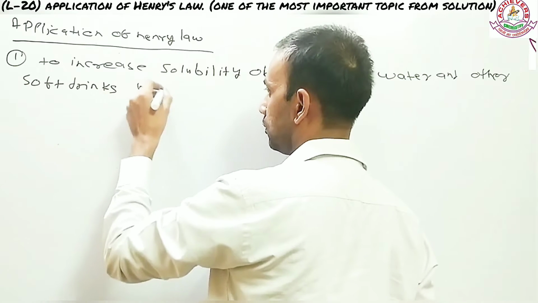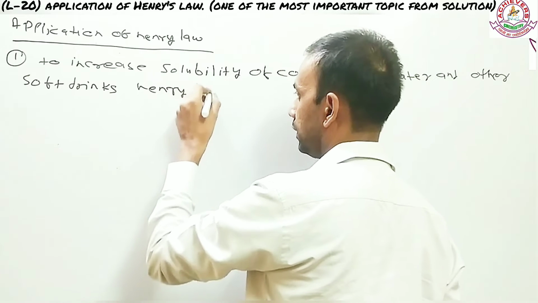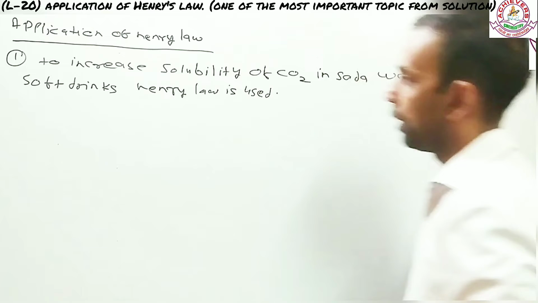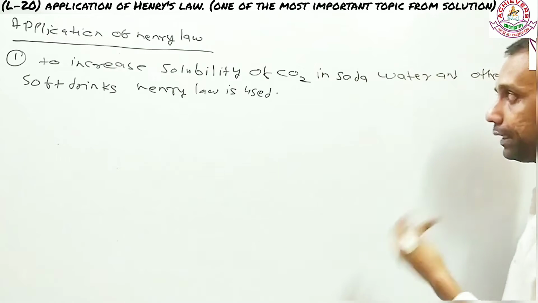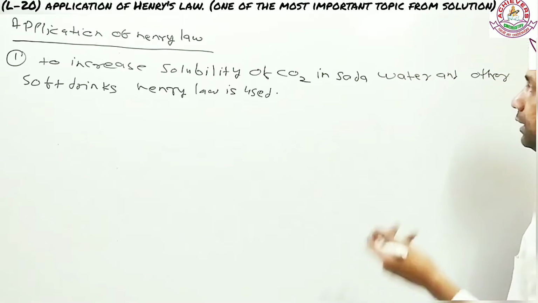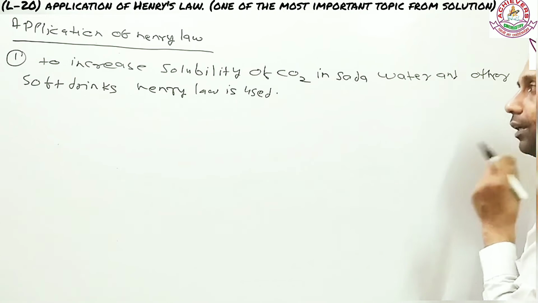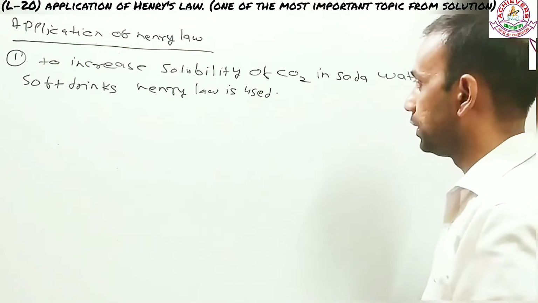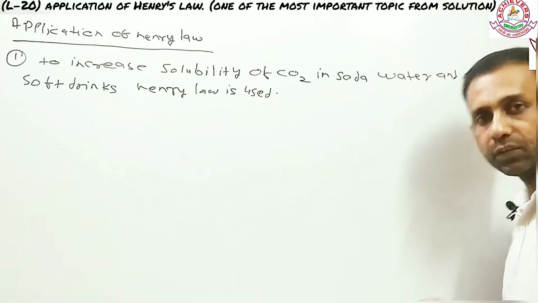Henry's law is used. How? Because in order to increase the concentration of carbon dioxide in soda water or other soft drinks, higher pressure of carbon dioxide is used, which ensures higher solubility of carbon dioxide, so that we get the desired flavor.